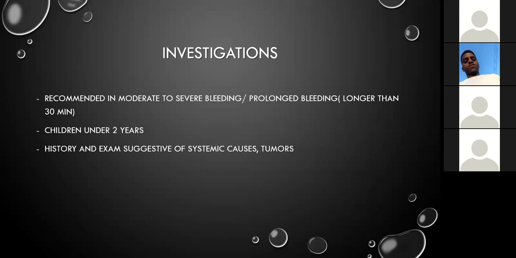And also children under 2 years. When a child under 2 years comes with bleeding from the nose, because we know below 2 years, they can't really pick their nose, you're more concerned. Why is this happening? So you also have to investigate this, not just let it go, because it's suspicious.